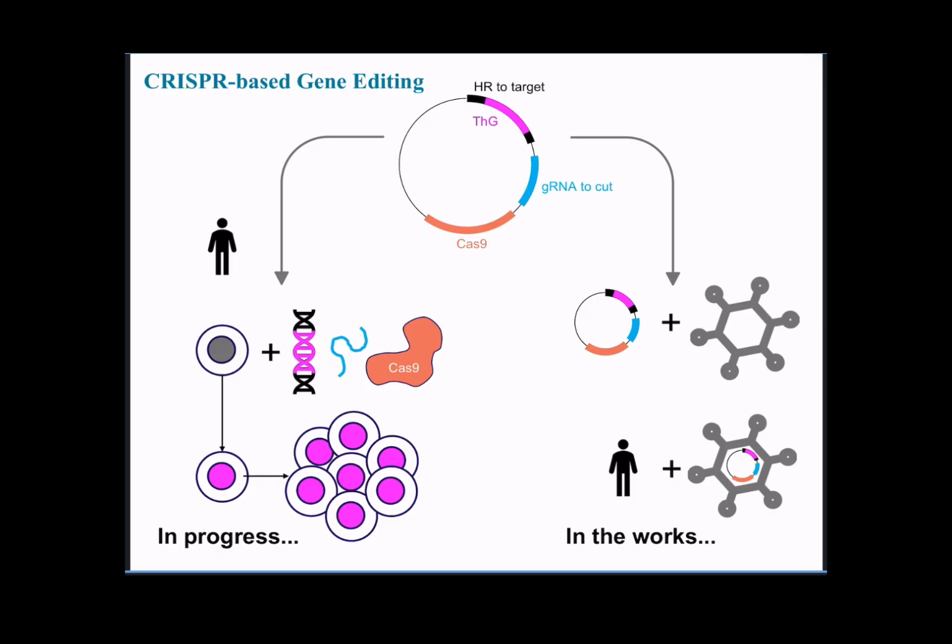There are other people looking into, let's introduce the machinery for CRISPR into the cells using, for instance, adenoviruses. So why not try an adenoviral approach by which what you do is you load up those adenoviruses with the sequences that you need for making Cas9, making the sgRNA, and making the homologous recombination therapeutic sequence, or the therapeutic sequence to be recombined into the genome through homologous recombination.